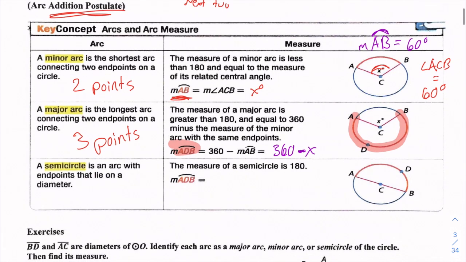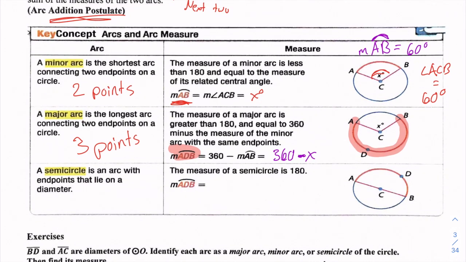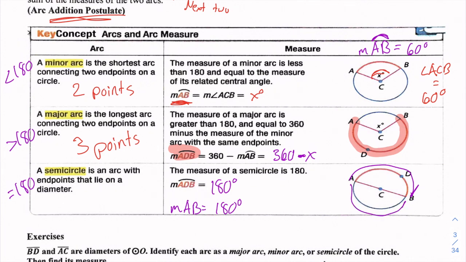You might be wondering, minor arc is less than 180, major arc is greater than 180. Well, a perfect semicircle is when it is equal to 180, aka ADB is equal to 180 degrees. You can say that, or you can even say the measure of AB is 180 degrees, because whether you go this way or the other way, they're both forming that semicircle, which is 180 degrees.